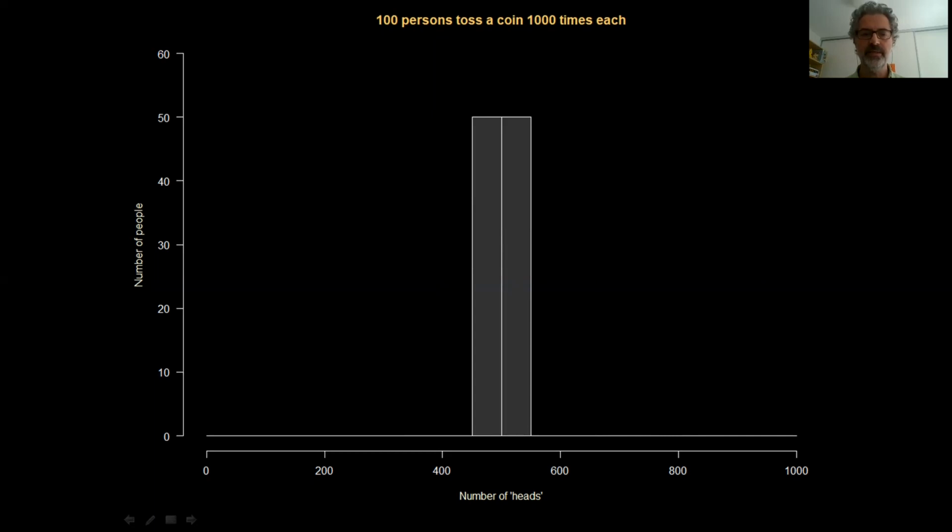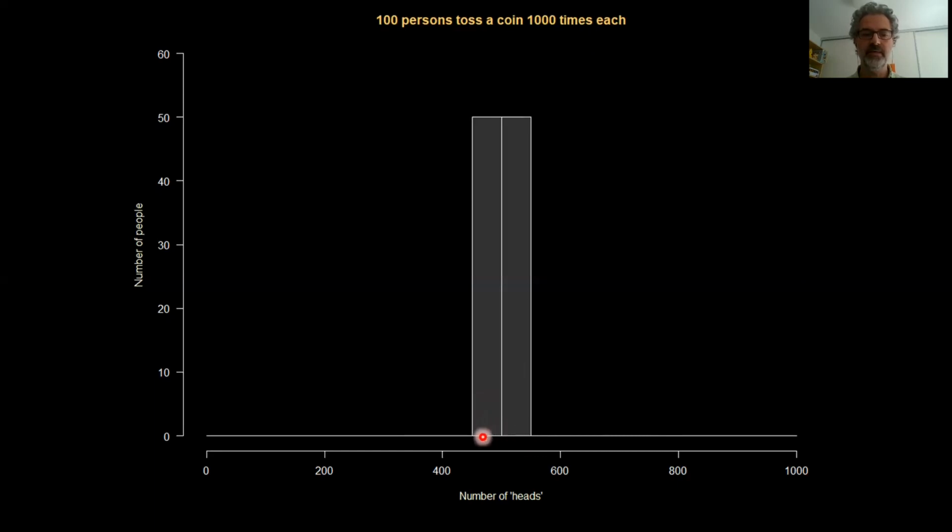Now, don't be misled by this histogram. This is a histogram now. And the bins are very wide. So from 450 to 500 and 500 to 550, there are a lot of different possible outcomes here, and there is actually a shape. Not all of these outcomes between 450 times heads and 550 times heads aren't equally likely, of course.